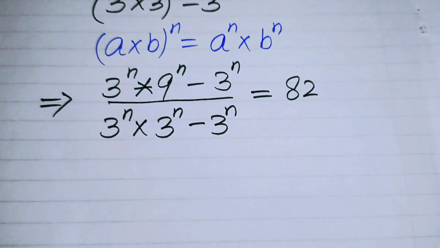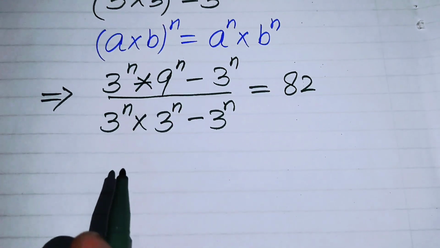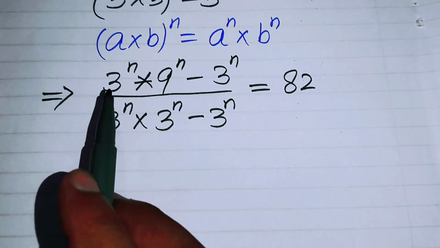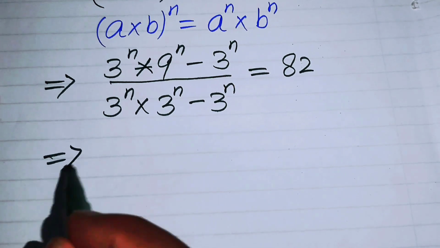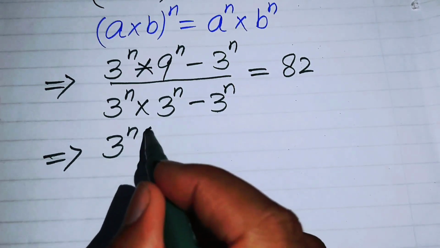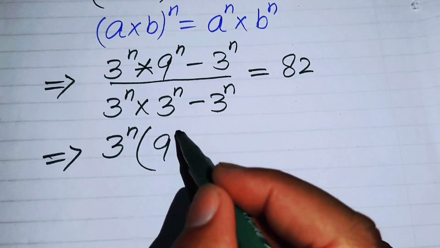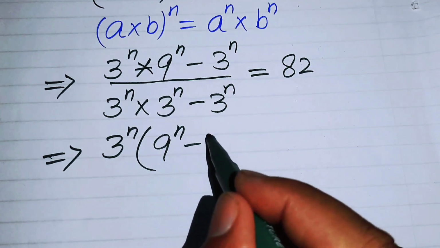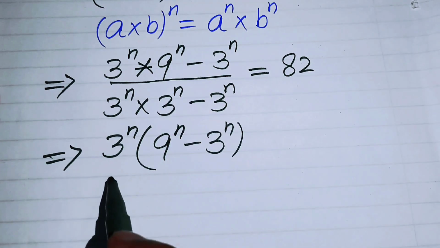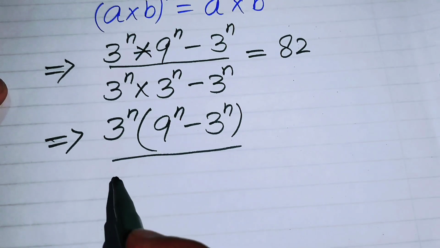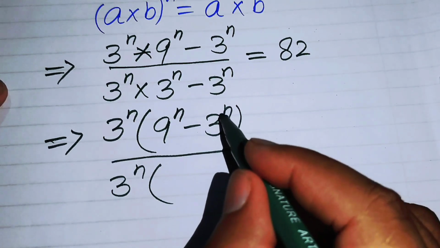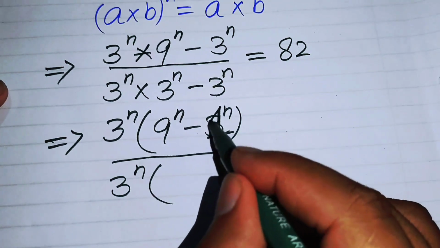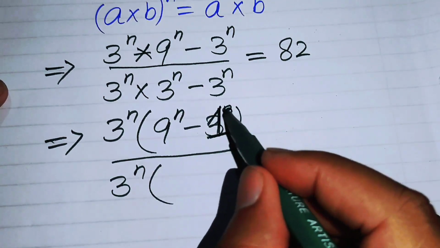And now you focus on the up and down side and you see that 3 to the power of n is a common term, so we will take common 3 to the power of n and you get 9 to the power of n minus 1, whole over, here again we take common 3 to the power of n, here you get only 1 because we take common 3 to the power of n.